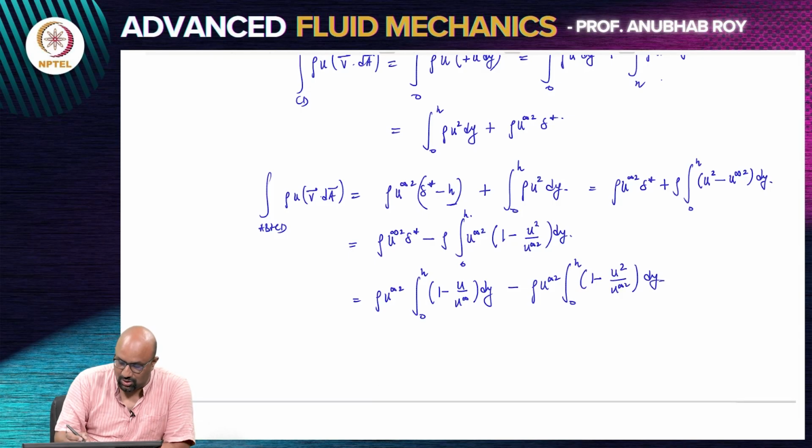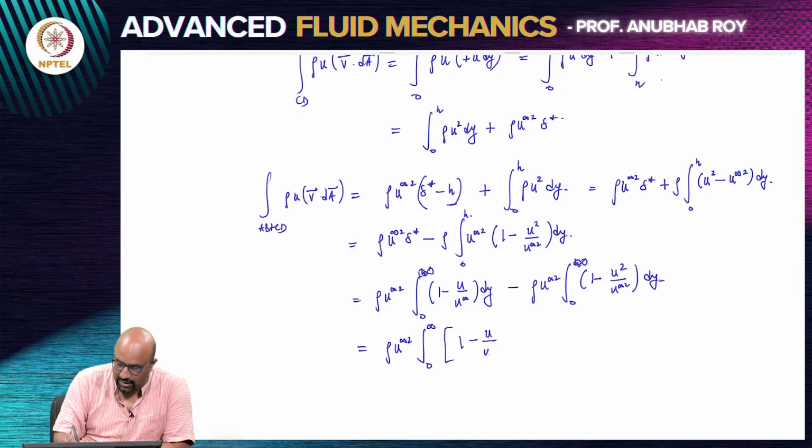And I will push h to infinity in both cases. So, I have rho u infinity square integral 0 to infinity of 1 minus u by u infinity minus 1 plus u square by u infinity square dy.